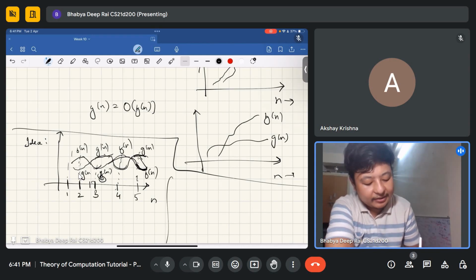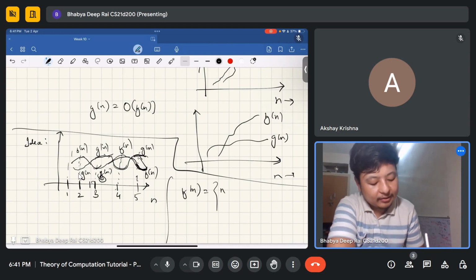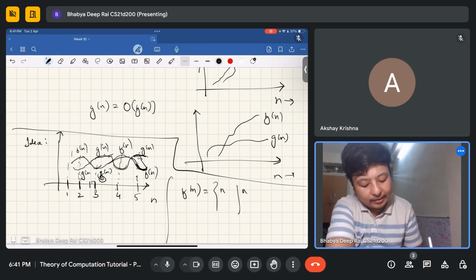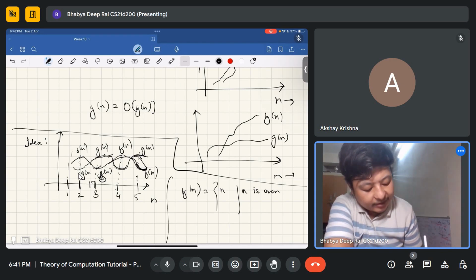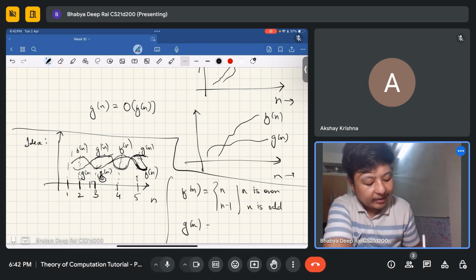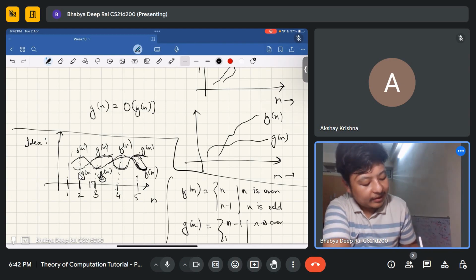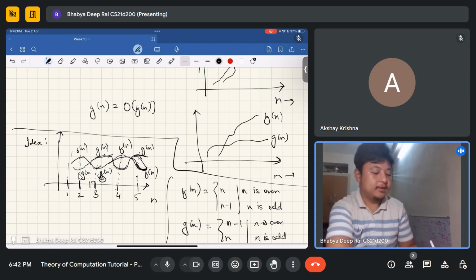So here we can define Fn to be equal to n when n is even, and n minus 1 when n is odd, and Gn is n minus 1 when n is even, and n when n is odd.